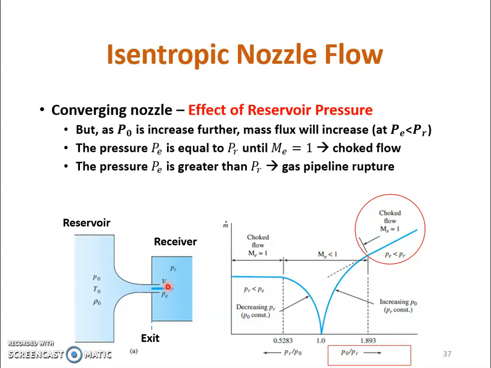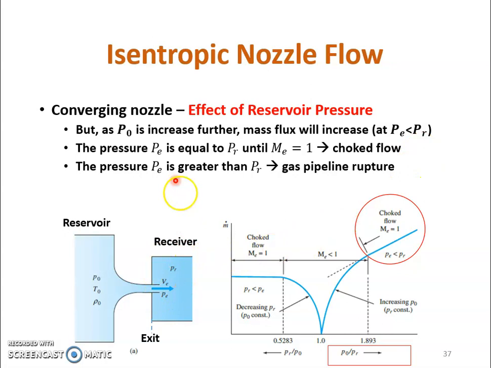So you can increase the flow when you increase the P naught further, and we can expect the increase in the mass flux, provided that the PE is still less than the PR.